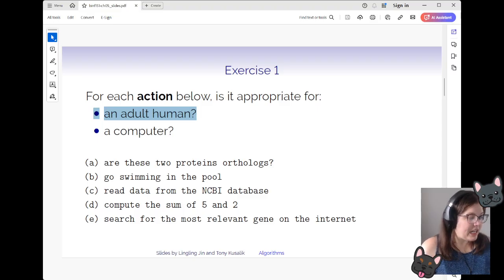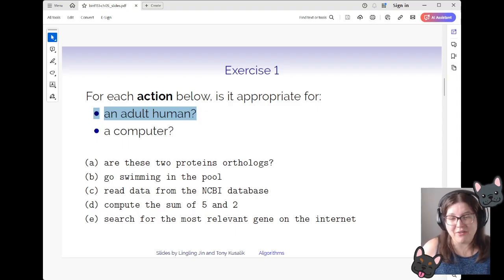And then E, we have search for the most relevant gene on the internet. That is imperative. It's telling us to do something. Feasible, question mark, but the reason it's a question mark for me is because it's not self-explanatory enough. What does the most relevant gene actually mean?